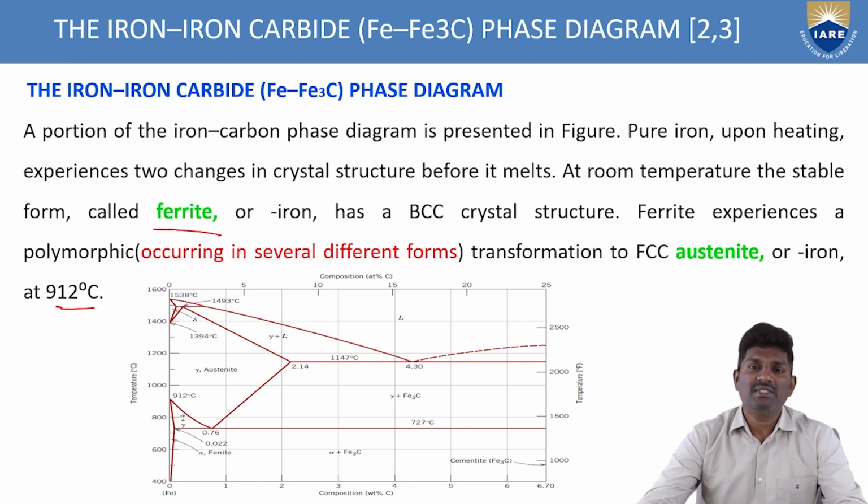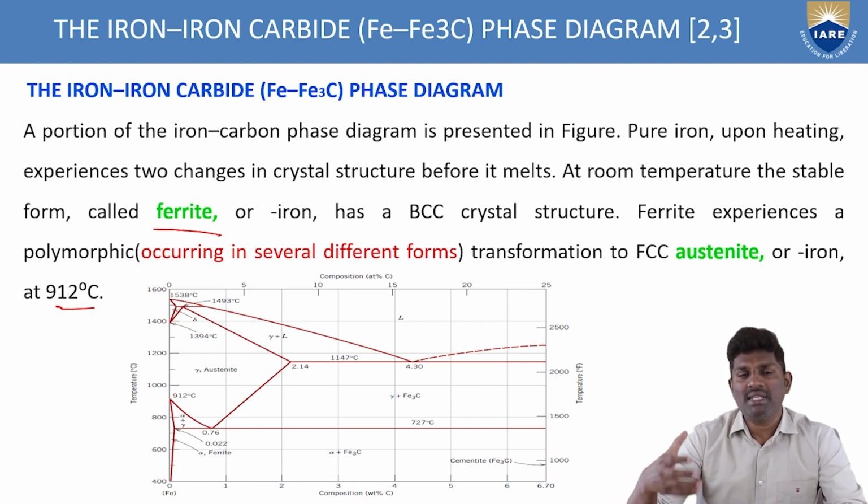That means at the initial state of normal temperature, pure iron has a BCC crystal structure, which is ferrite. Upon heating at 912 degrees centigrade, this BCC is converting into FCC and has an austenite type of crystal structure. So that is the development of the crystal structure.